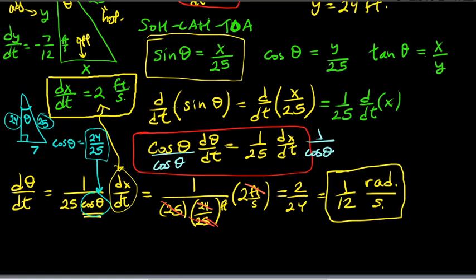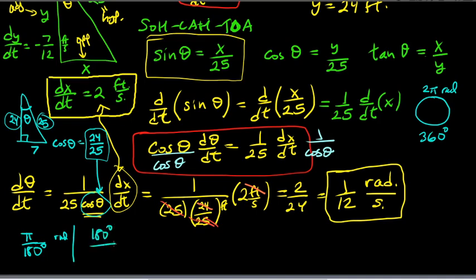Make sense? Again, if you forgot what radians are, remember an entire circle is 2 pi radians. If you prefer degrees, it's 360 degrees. So that means there's pi over 180 radians per degree. So if you want to convert to degrees, you multiply by the reciprocal, 180 over pi.